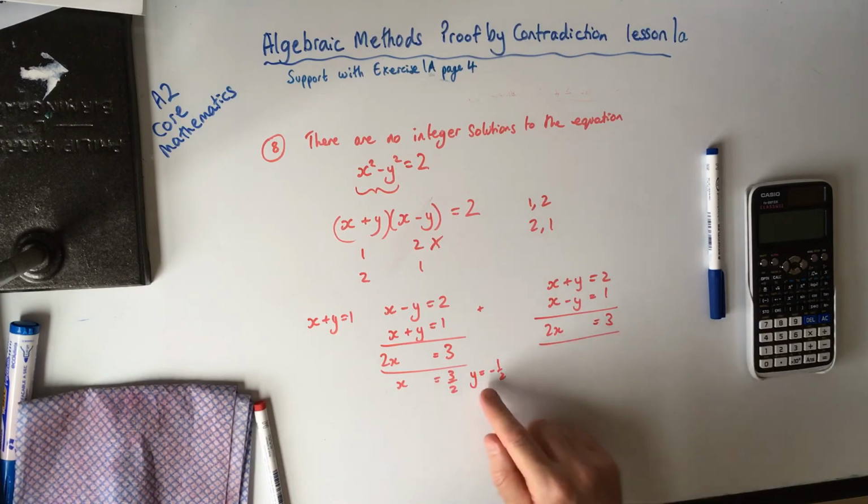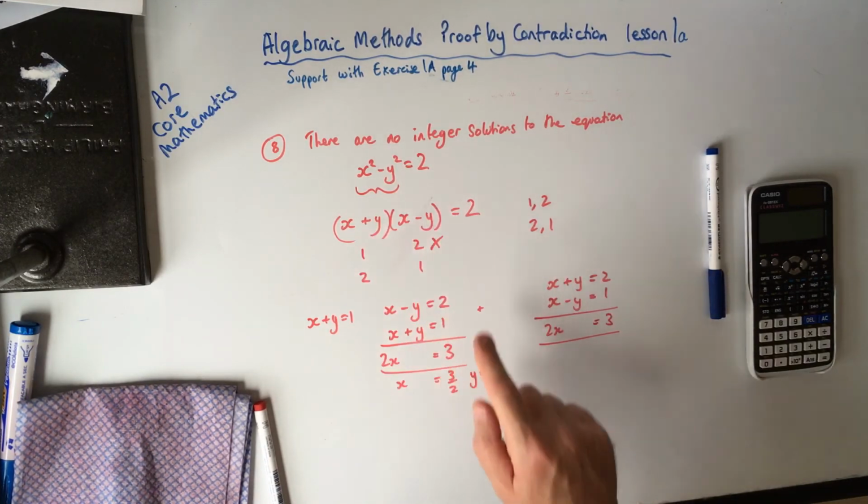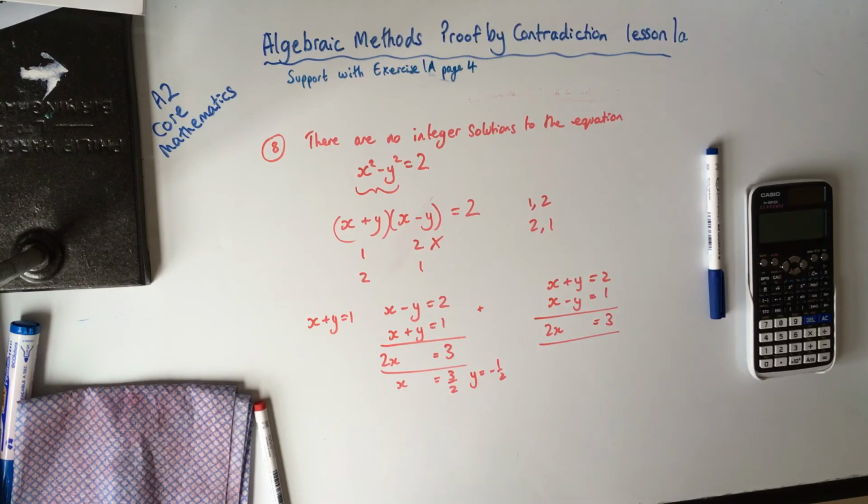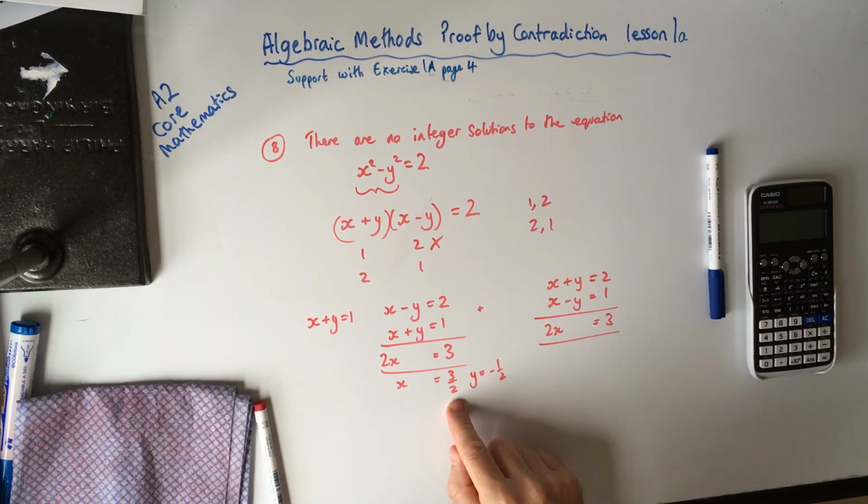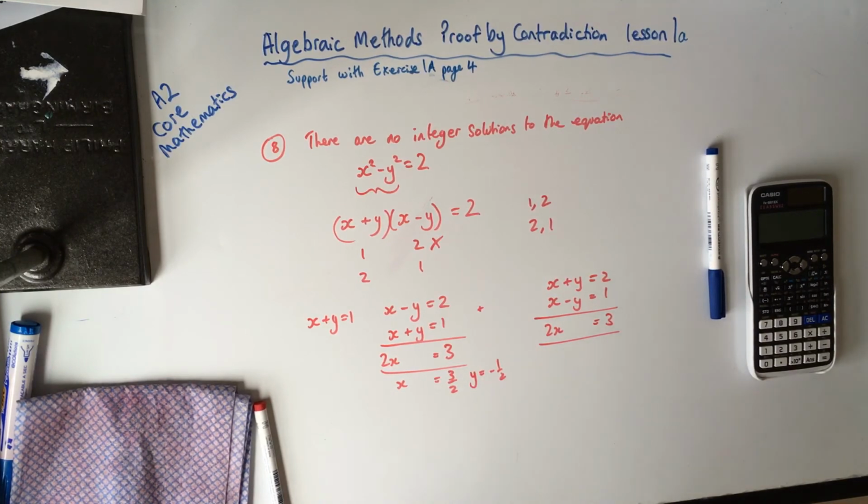So the only solutions we get for this to happen is when we've got fractional values, not integers, for x and y. Otherwise, it just doesn't work.